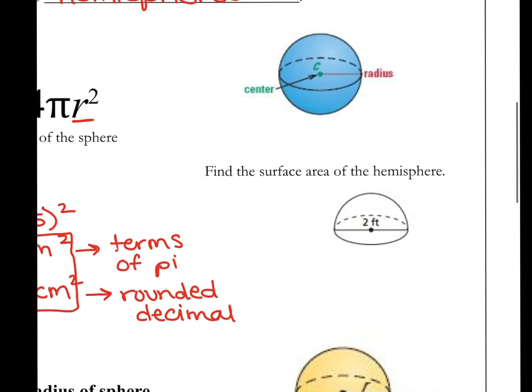Okay, the next one is asking us to find the surface area of the hemisphere. So we know that the diameter is 2. And we know that half of the diameter is the radius. So that means that the radius r must be 1 foot.